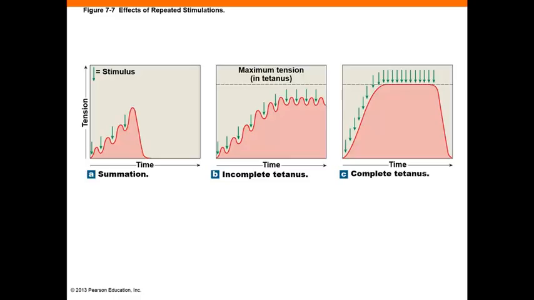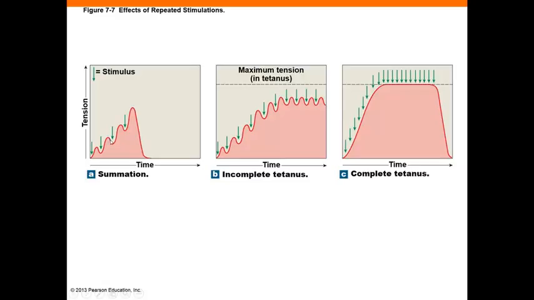So here we have a couple more myograms that show the effects of repeated stimulations. Okay, so summation is the first one here. This is where you have your first original stimulus, you reach your maximum point of tension for that stimulus and you start to relax, but then before the relaxation phase is complete, you receive another stimulus. And so your second contraction produces even greater tension.